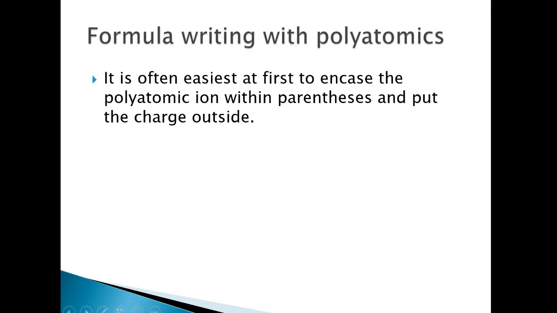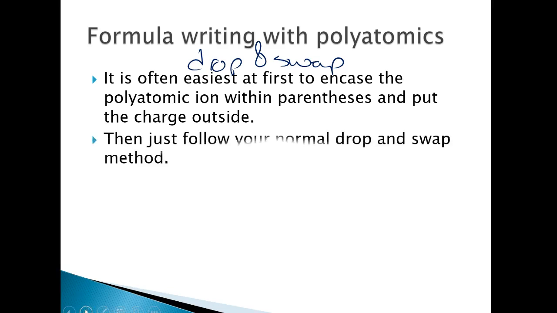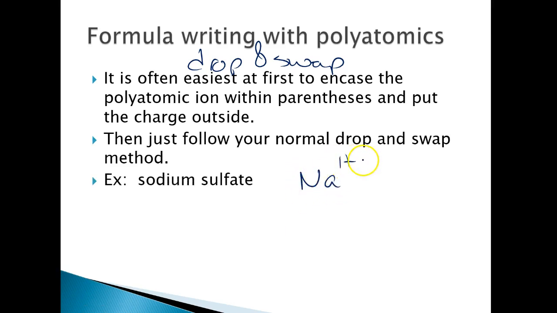So when you write formulas with polyatomics, you're still going to do the drop and swap that we've been doing all along. For ionic ones, that's what you do. It's easiest to put the polyatomic ion inside parentheses and put the charge outside and then drop and swap. So, for example, sodium sulfate. Sodium, 1+.